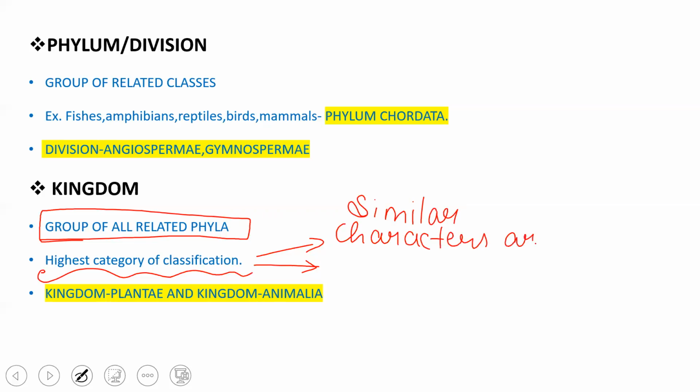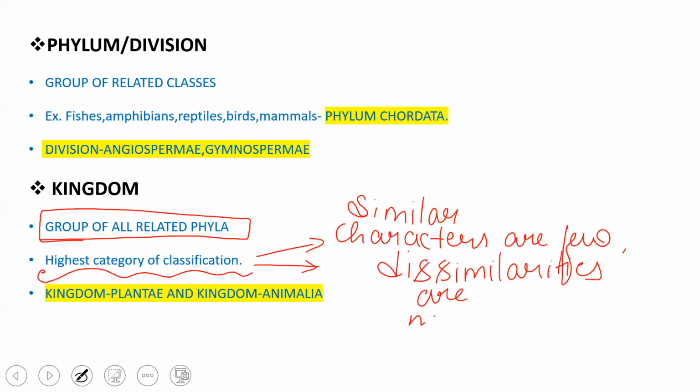Similar characters are few, but dissimilarities are more.